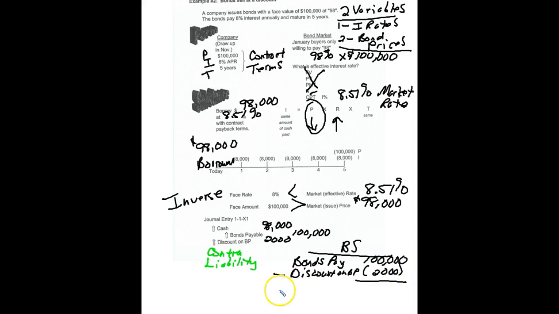And then we would net that to have a net liability of $98,000. So our liability reflects $98,000 because that's the cash that came in. Okay, that's when they sell at a discount.